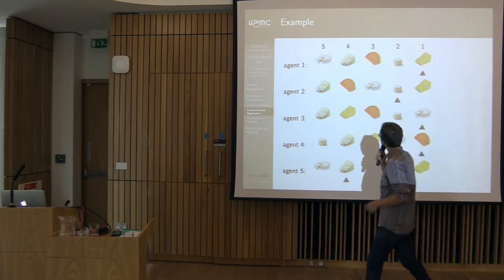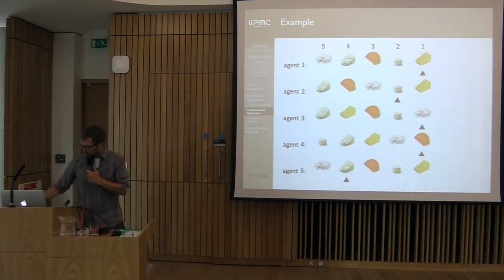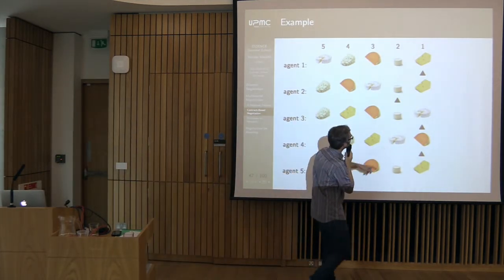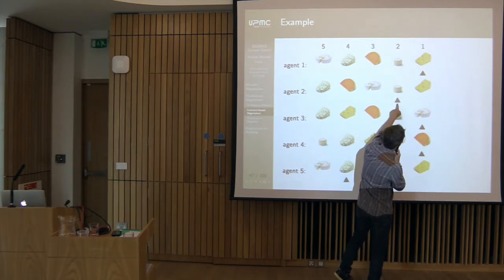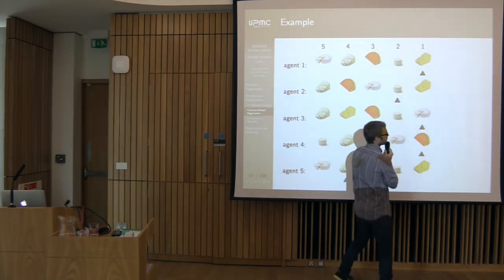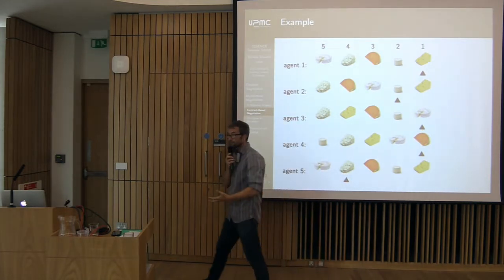So for instance, agents 2 and 3 can agree on a swap. Why? Because I've got the goat, you prefer it, so I could give it to you. And you've got the camembert, I prefer it, so both of us are fine.